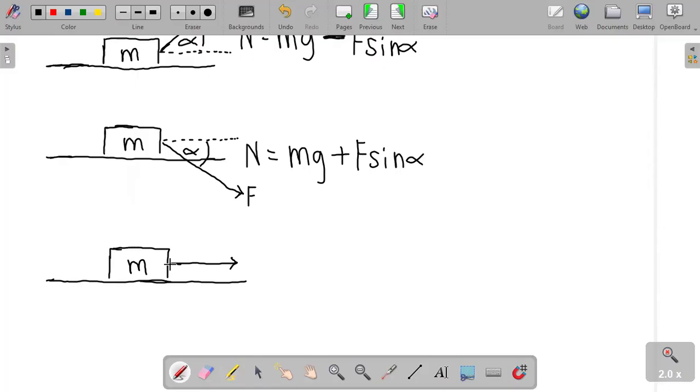It is acting horizontally like that. In that case, the normal force is just the same as the first object. So it's just mg. We don't add and we don't subtract anything.